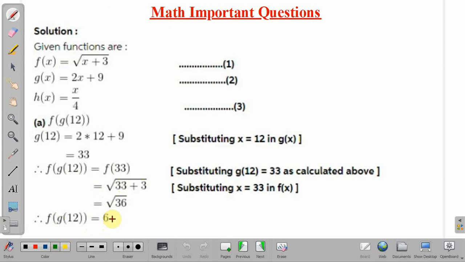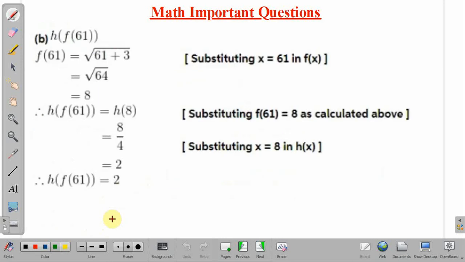Now in part B, we have to evaluate h of f of 61. By substituting x equal to 61 in f(x), we will get f of 61 equal to under root 61 plus 3, which will be equal to under root 64, and f of 61 will be equal to 8. Therefore, we can evaluate h of f of 61 by substituting f of 61 as 8.